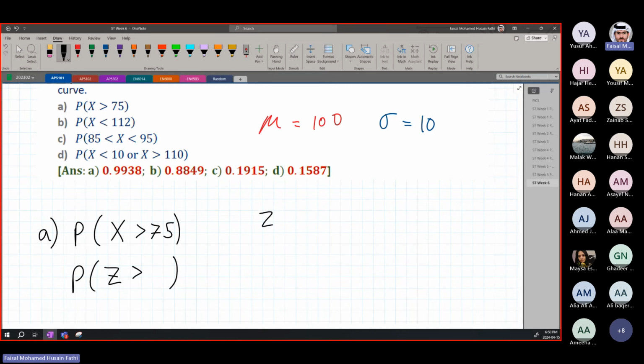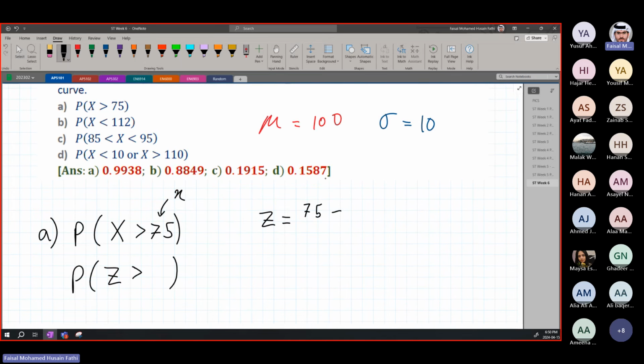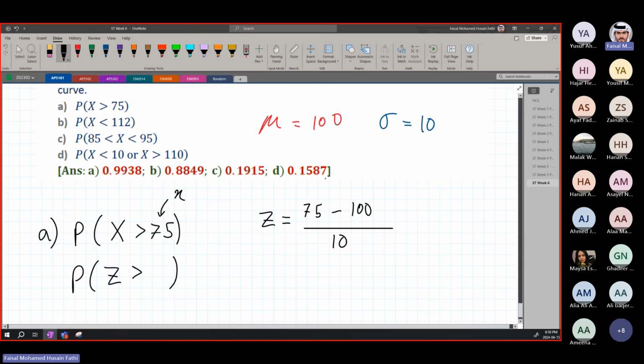We do small z equal to x minus mu over sigma. This is our small x value, 75. So 75 minus our mean, 100, divided by our standard deviation, 10. 75 minus 100 is negative 25 over 10, so it is equal to negative 2.5. This is our small z. So this is greater than negative 2.5 on a standard score.